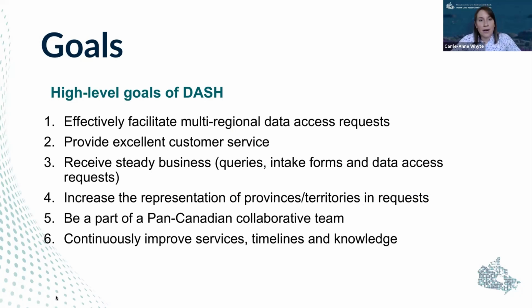But generally speaking, our high-level goals include effectively facilitating multi-regional data access requests, providing excellent customer service, receiving a steady line of business, so queries, intake forms, data access requests, increasing the representation of provinces and territories in these requests so that we really are true to our multi-regional research requests. We are a part of a pan-collaborative network. And finally, that we continuously work and strive to improve our services, timelines, and knowledge.